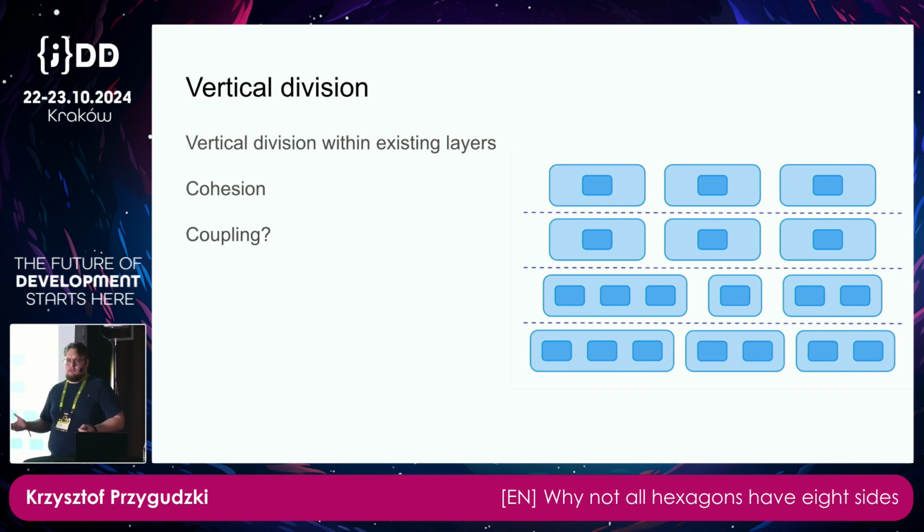So the alternative that we discussed before, we have horizontal, we have vertical. So what if, within our horizontal layers, we just slice the code into more vertical packages, right? So we said that we have some products, we have some invoices, maybe some orders in between, etc. So let's, within each of these layers, slice the code into packages like that.